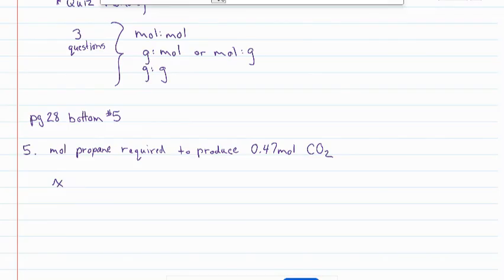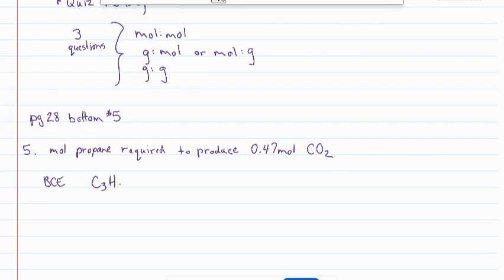So we know that we have X moles, and propane we know because we look at our stoichiometric ratio. Maybe I should have written that down so that you have that available. Okay, so our balanced chemical equation comes right off of our sheet. It's just a little easier if it's written in front of you.